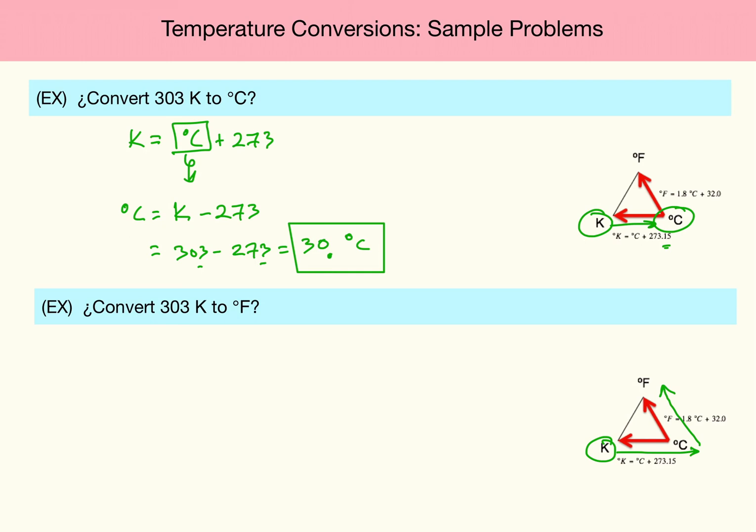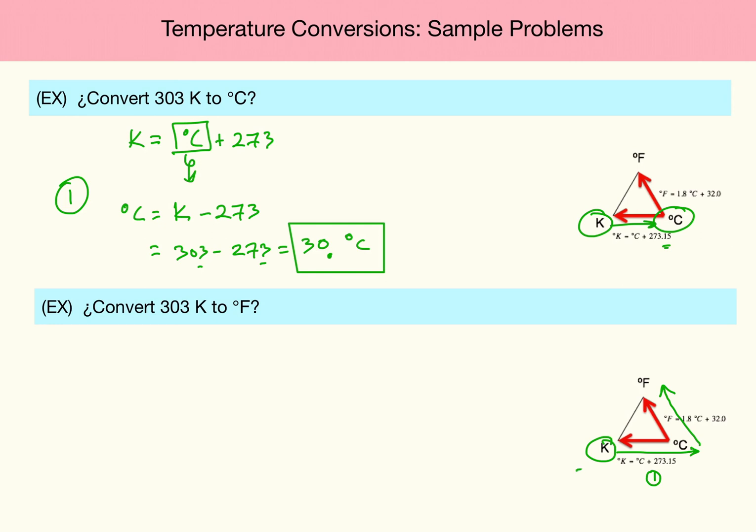Remember, the reason is because I didn't choose to memorize this one-step equation, and so I have no choice but to use two steps. So here we go. I have to convert 303 Kelvin first to Celsius. That first step, well, it just so happens I've already done that. If I hadn't, I would have had to do that on a test, and I would have wound up with 30. degrees Celsius.